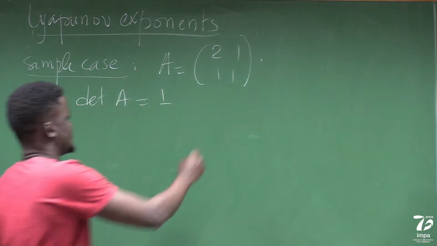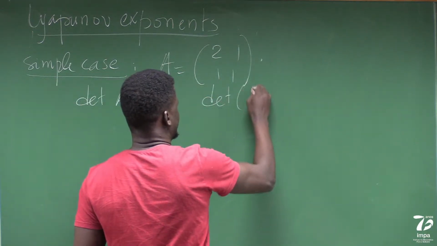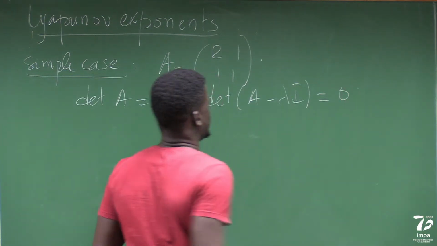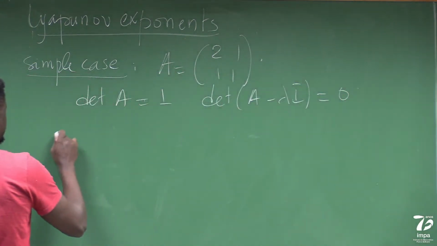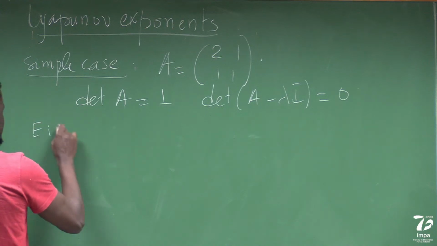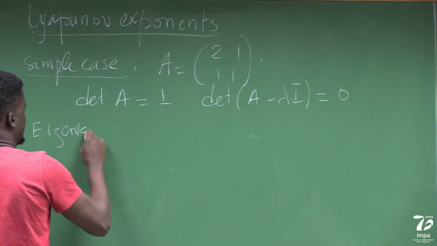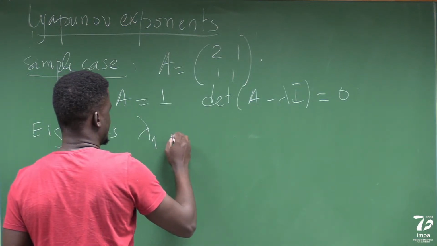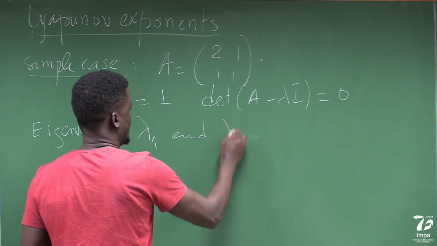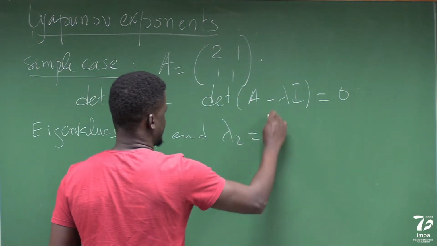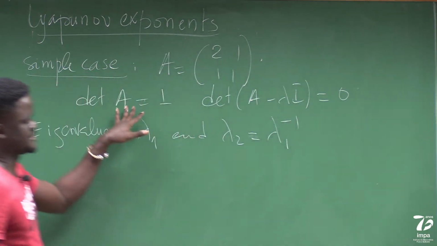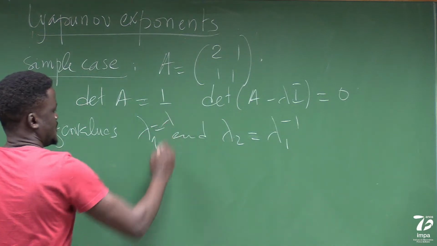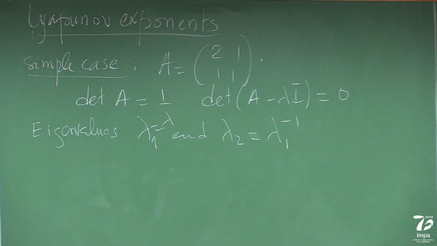You can solve the determinant of A minus lambda identity equals 0, and you get eigenvalues lambda and lambda to the minus 1, because the determinant is 1. Let's call this one lambda. This is something you can do for any matrix.